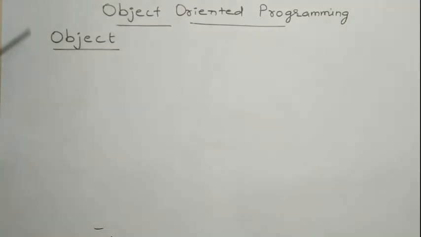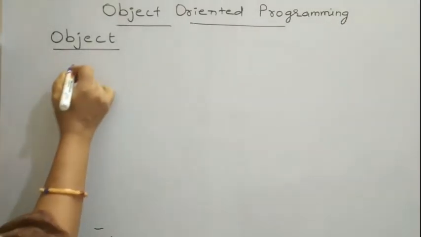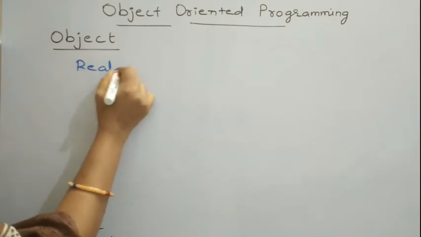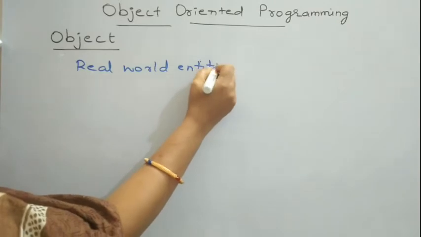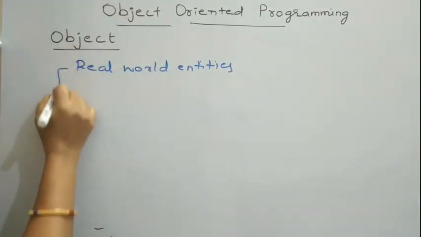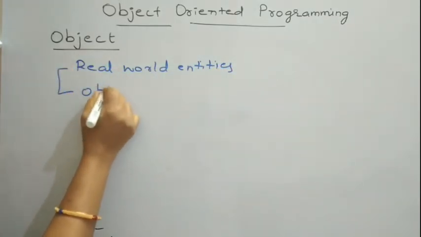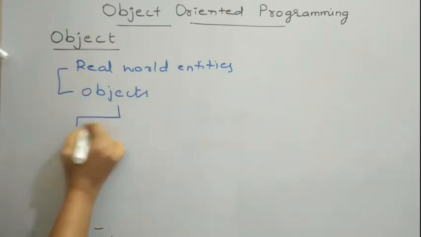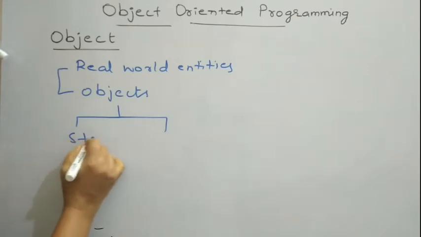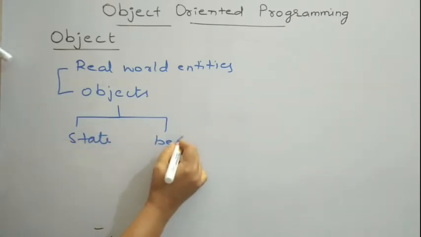Features of object oriented programming. The first one is object. Objects are real world entities, represented or modeled as objects in object oriented programming. An object has state and behavior.